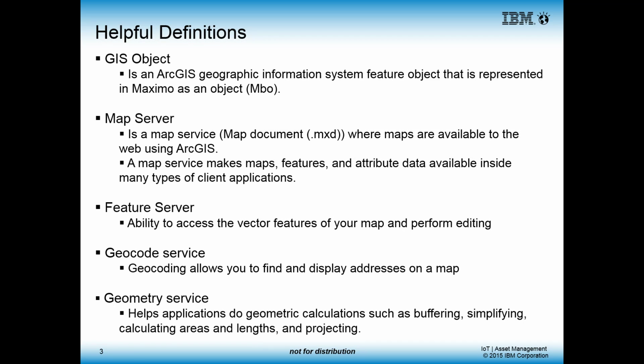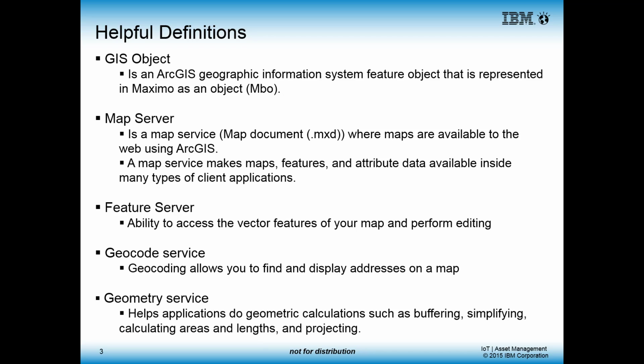Here, I post some helpful definitions for you where I'm discussing so you guys understand a little better. So go through them all, read them here quickly. The GIS object is no more than a Maximo MBO representation. As you can see, you can read about map server and the rest.